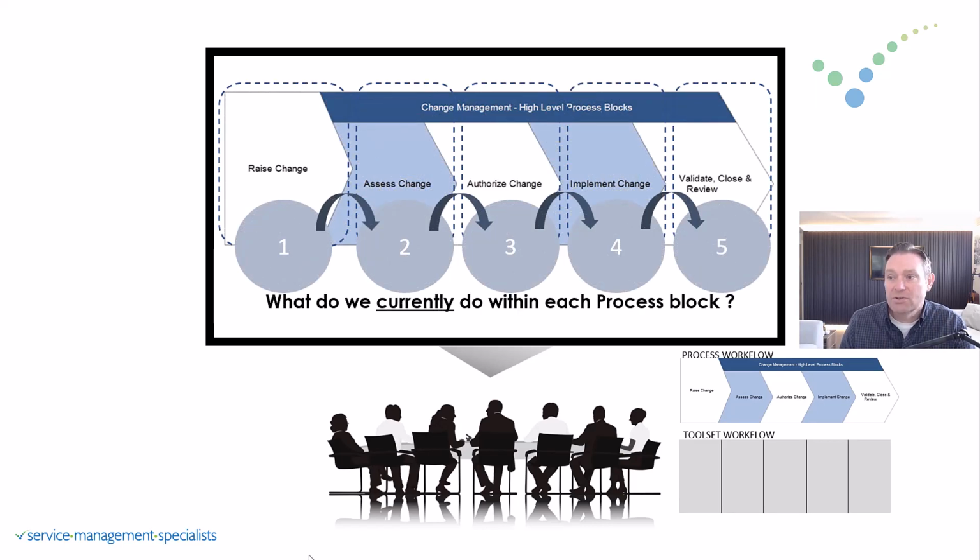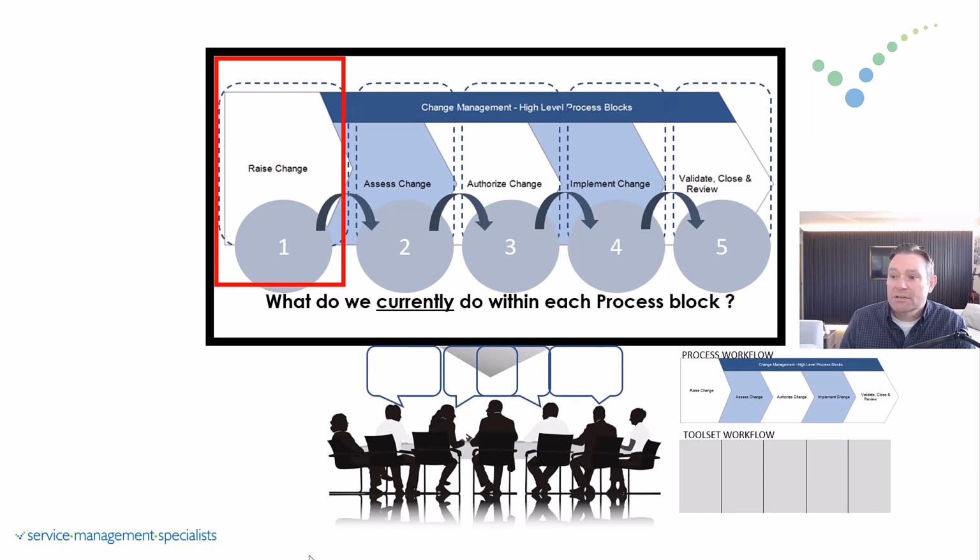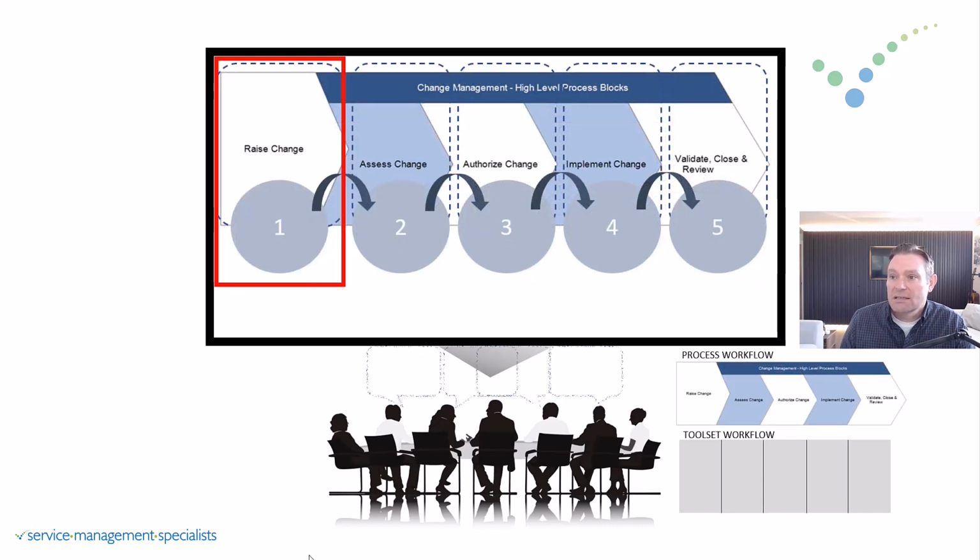What do we currently do within each of these process blocks? We want to capture that, record it, discuss it, and what we also suggest here is that it's recorded and then placed underneath each of the blocks. A great way to do that is to put the blocks on the wall and capture those as post-it notes in terms of the workflow.